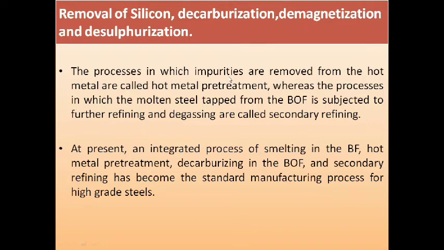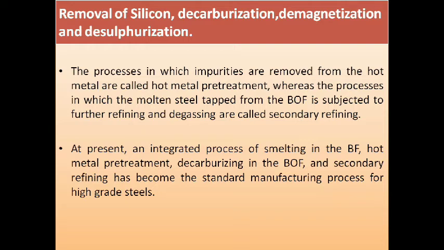The process in which impurities are removed from the hot metal is called hot metal pre-treatment, whereas the process in which the molten steel tapped from the BOF is subjected to further refining and degassing is called secondary refining.